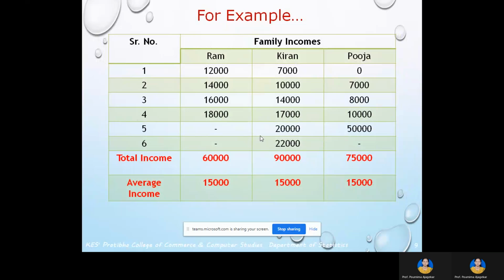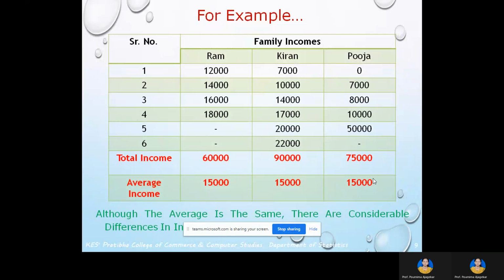There are 6 members in Kiran's family, and the average income per member is similar, that is 15,000. And in Pooja's family, there are 5 members, from which one of the members is earning zero, and one of the members is earning the maximum income, that is 50,000, and still the average income is 15,000. Average income per member in Pooja's family is 15,000.